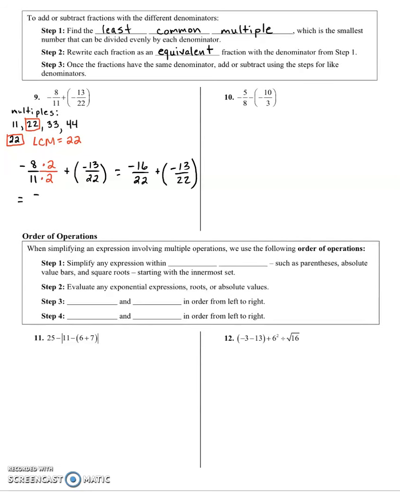So we have negative 16 plus a negative 13, which is the same thing as subtracting 13 from negative 16, over 22, which gives us a negative 29 over 22. And that cannot be reduced, so that's our final answer.